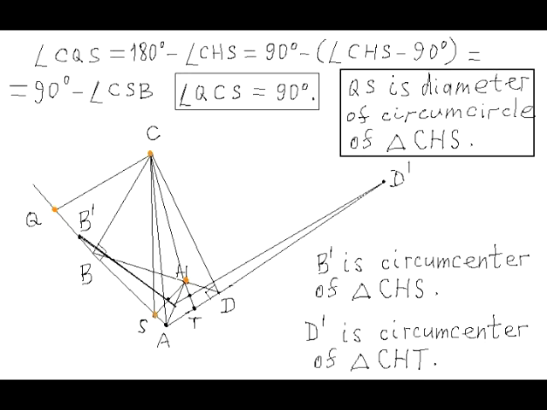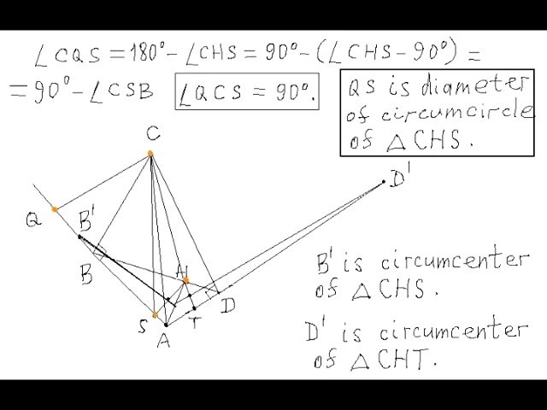Now we can use the condition of this problem, which states that angle CHS minus 90 degrees equals CSB. From that, it immediately follows that angle QCS is 90 degrees, from which we can conclude that QS is the diameter of the circumcircle of triangle CHS.